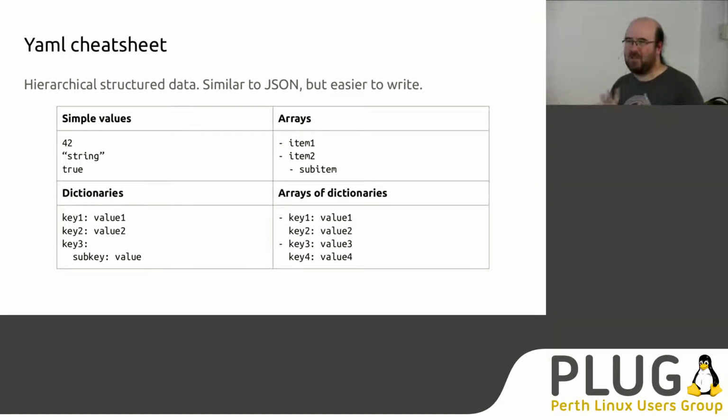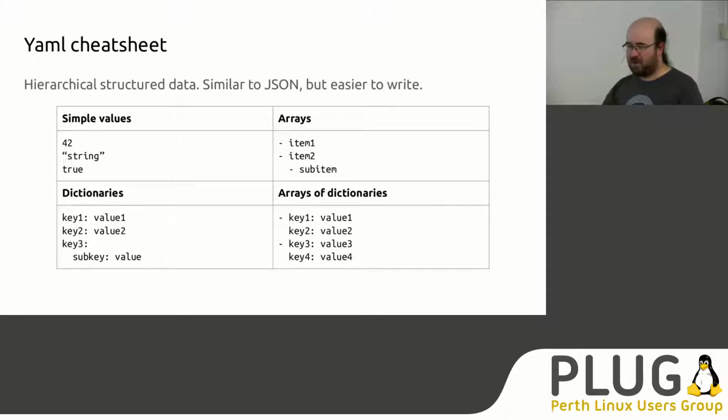I say that as a simple idea because if you actually read the YAML spec, it's far more complicated than JSON. But if you stick to the simple aspects, you'll end up with something which is probably easier to write than JSON, which is why these systems are using it.